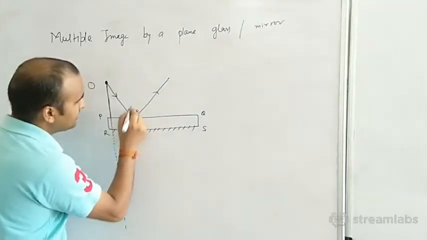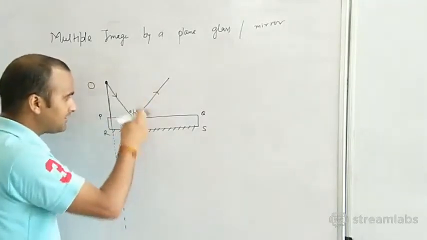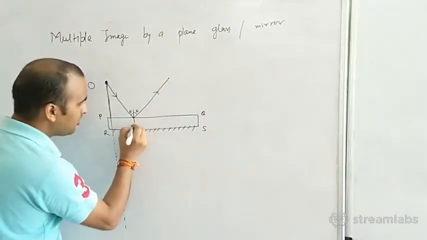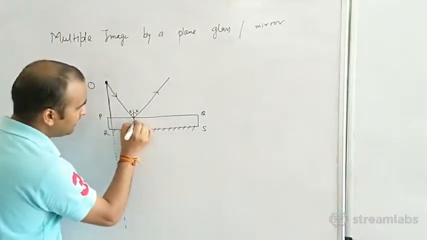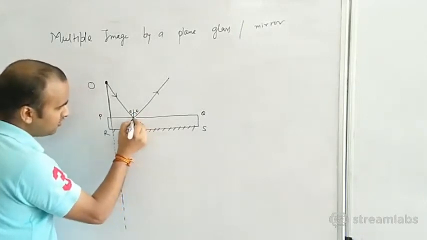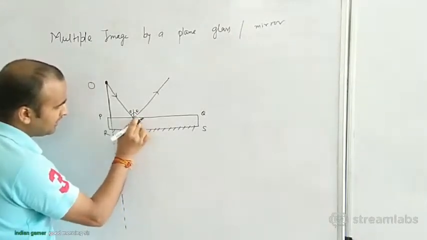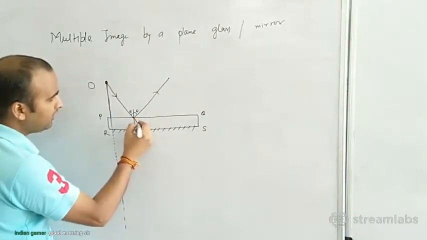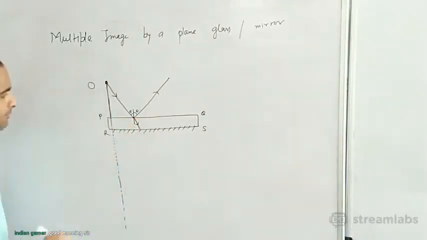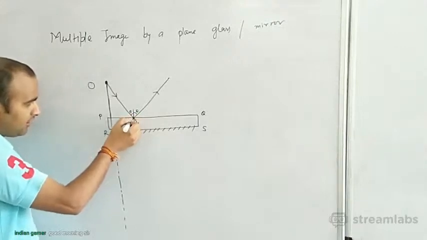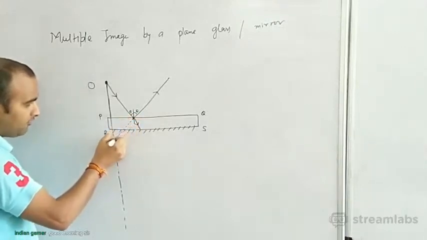The light is going from air to glass, so it bends towards the normal. This is the normal, so the original path of the light is like this, and it bends towards the normal, and the path of the light inside the glass is like this. Now if you produce this line in the backward direction like this, you obtain one image.